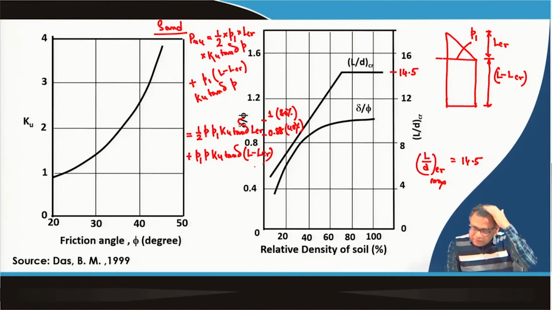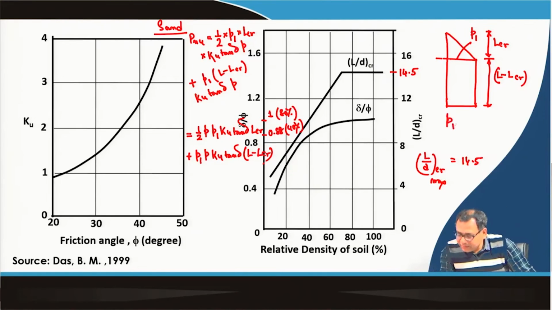Now, P1 is equal to gamma dash into L critical.